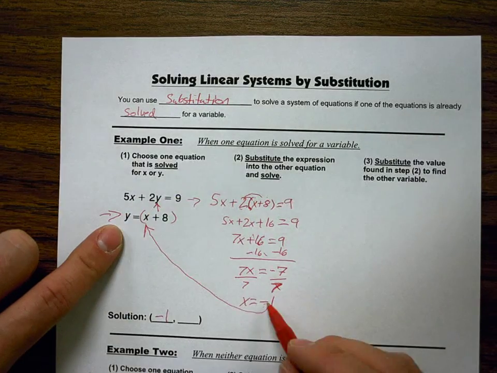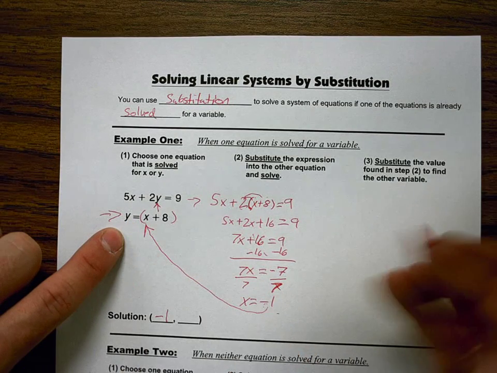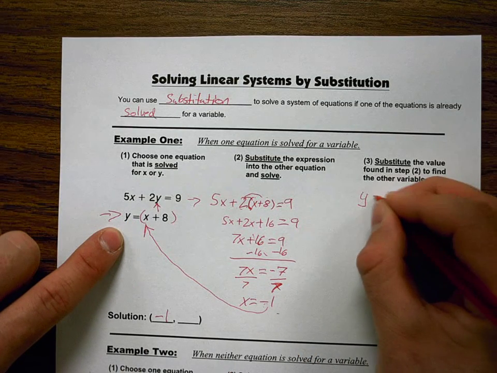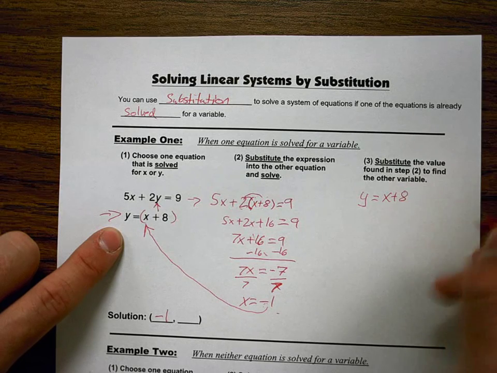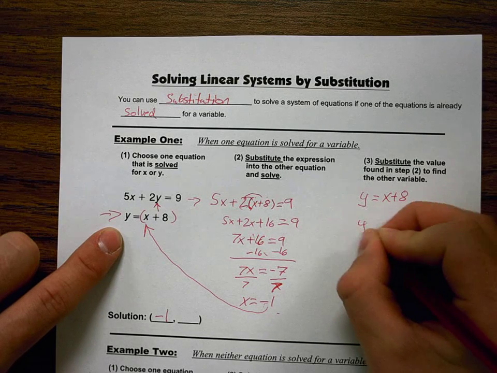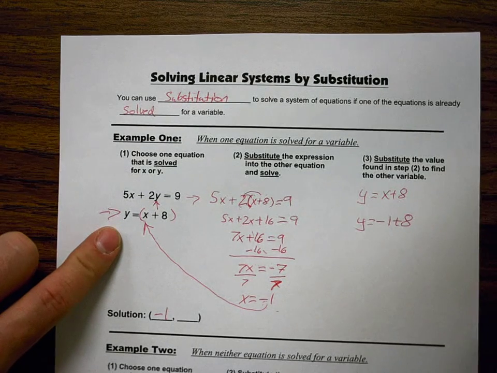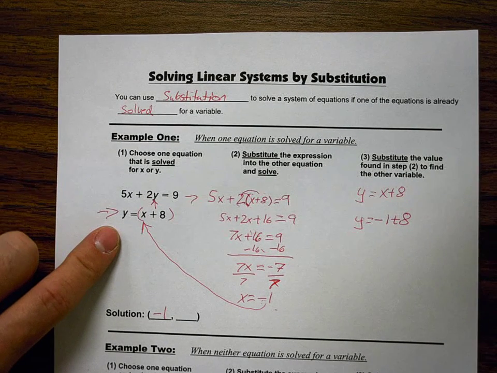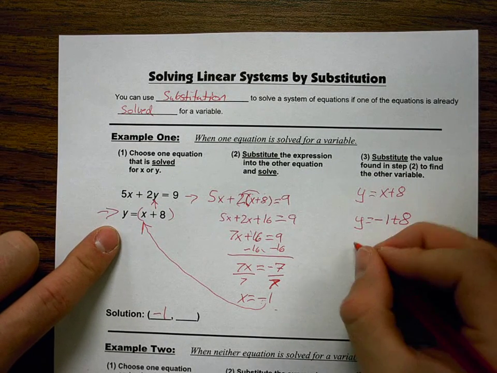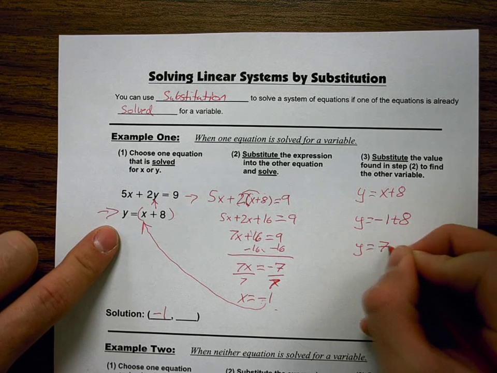I'm going to substitute negative 1 in for x to find out what y is. So I'm using this expression, replacing the x. Negative 1 plus 8. Y equals 7.